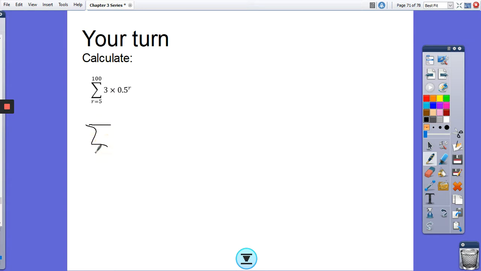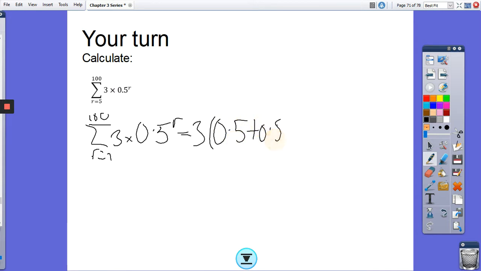So if we work out r equals 1 to 100 of 3 times a half to the r, we can take that 3 outside, and you've got 0.5 plus 0.5 squared plus 0.5 cubed plus dot dot dot, there's your ellipsis, plus 0.5 to the 100, and close the brackets. Once more, it's a geometric series.